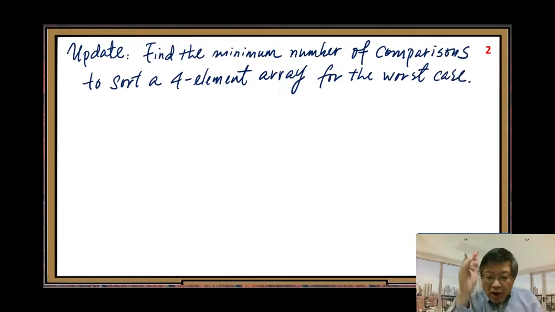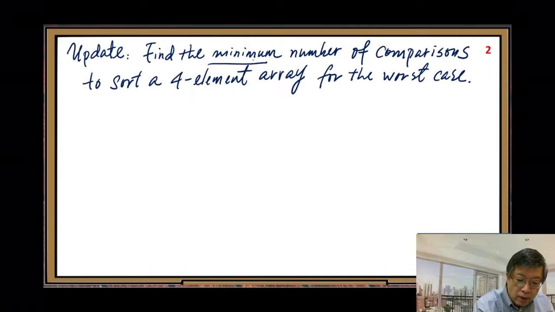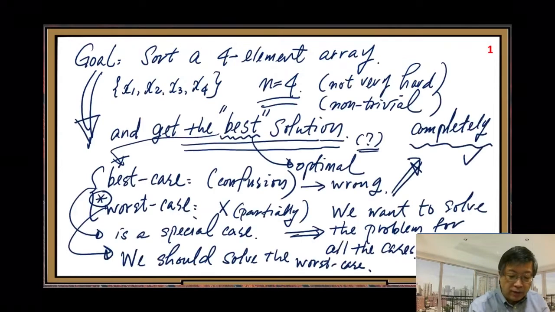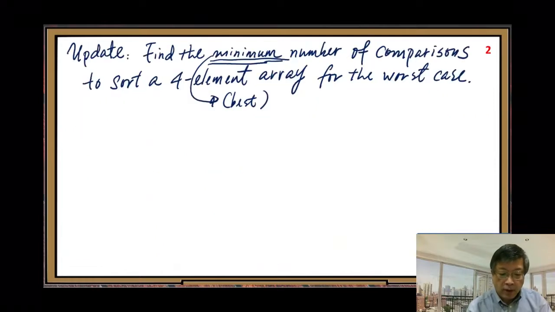Find the minimum number of comparisons. This minimum connects to the best, right? Not best case, but best solution: the minimum number of comparisons to sort a 4-element array for the worst case.